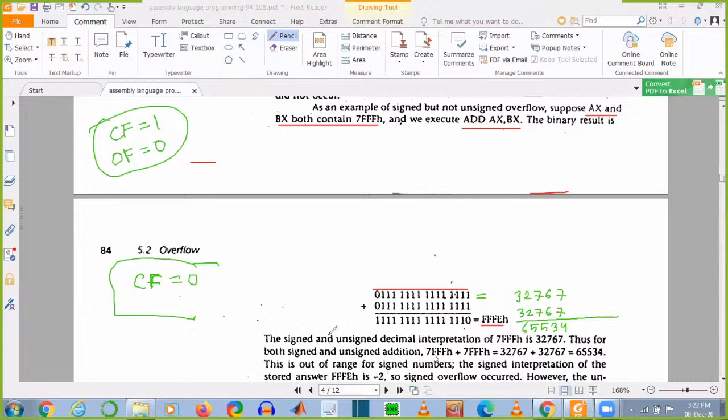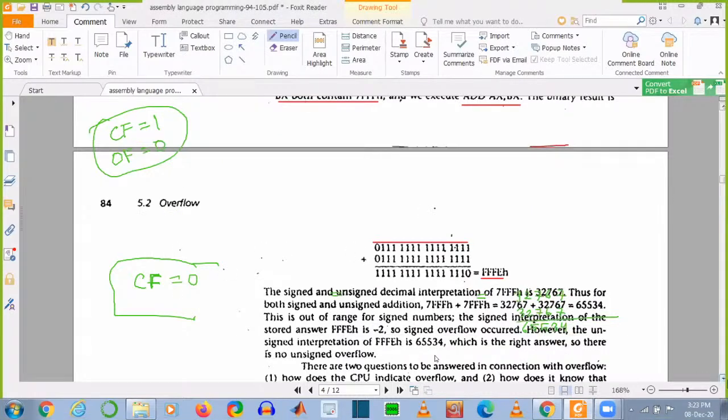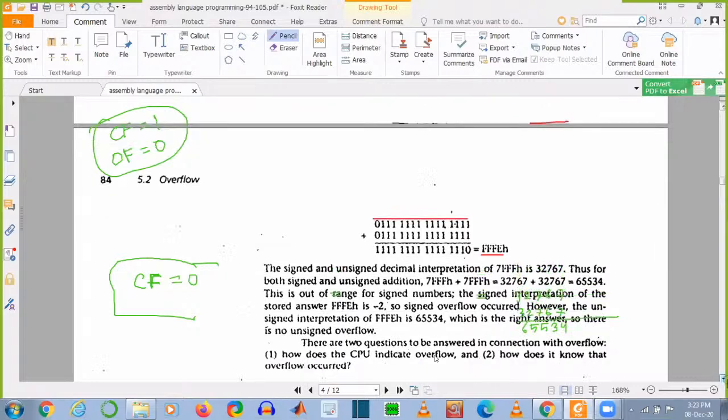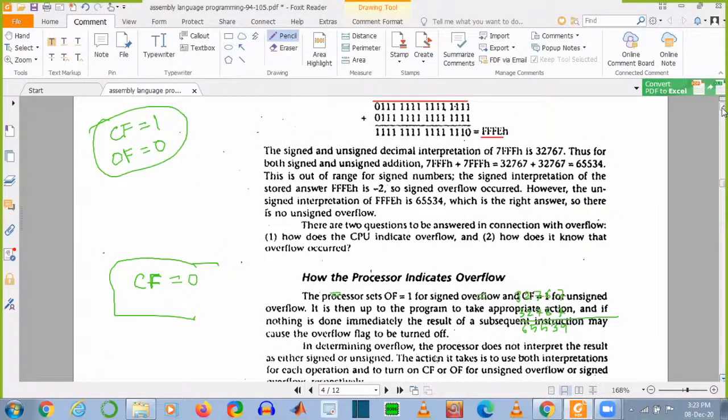The first number in case of signed number, what will be the value of this first number? Can you say?